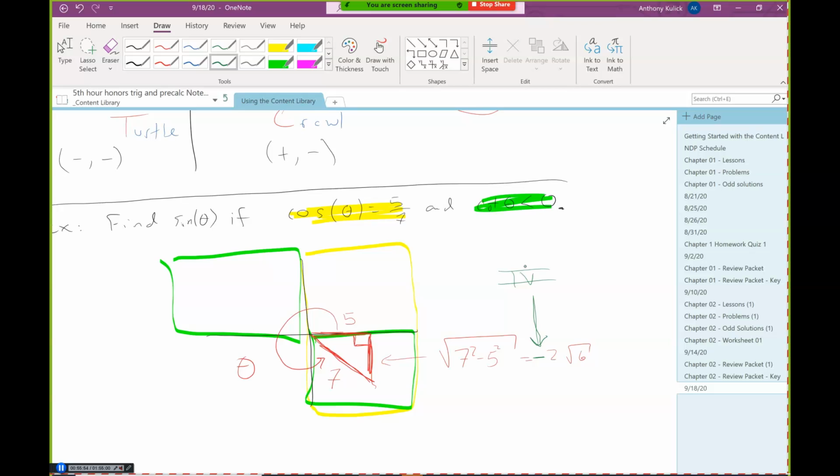Everybody's okay with that reasoning. Now I have everything I need though, right? So sine theta is going to be opposite over hypotenuse. And I'm done.